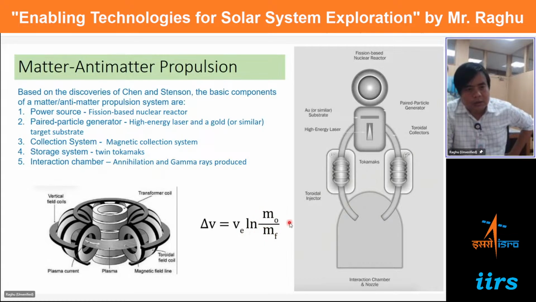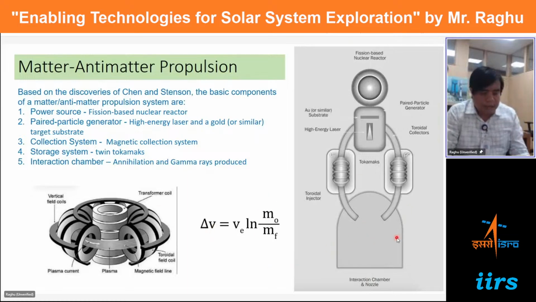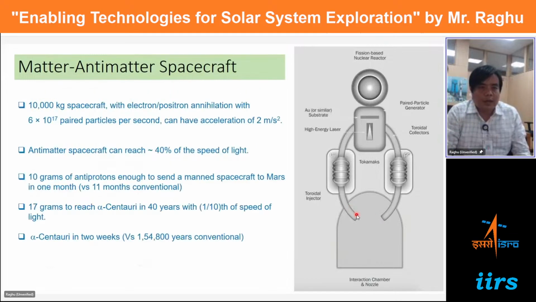Keeping this constant, the change in velocity is directly proportional to the exhaust velocity. Since it is light, the exhaust velocity will be of the order of the speed of light, let us say 3 × 10^8 meters per second. With that acceleration over time, it can reach very good speeds compared with other systems. So a matter and antimatter spacecraft is one typical calculation.